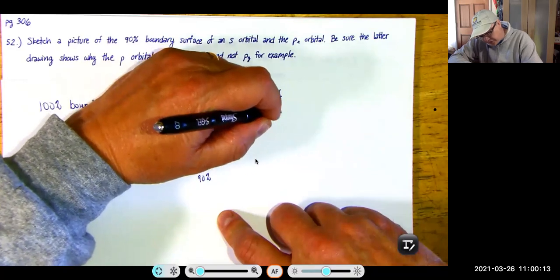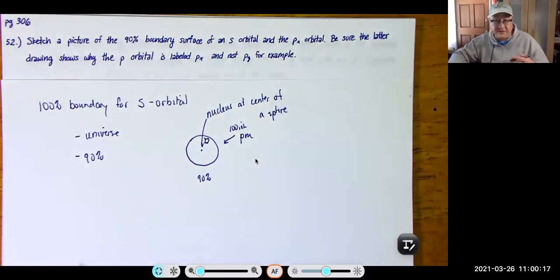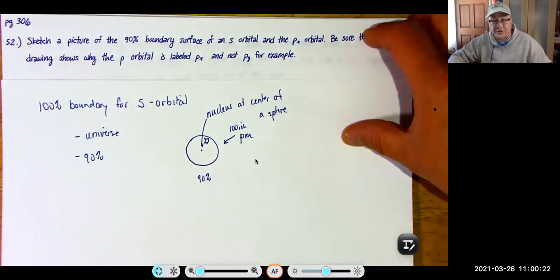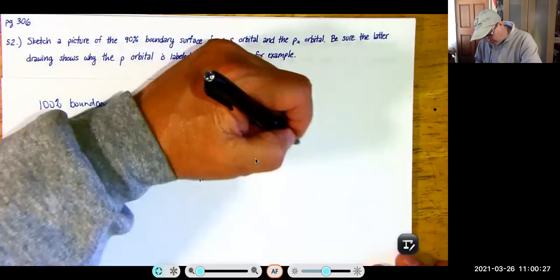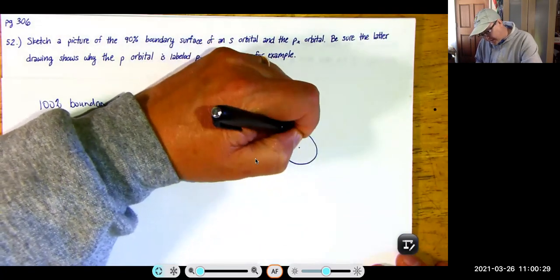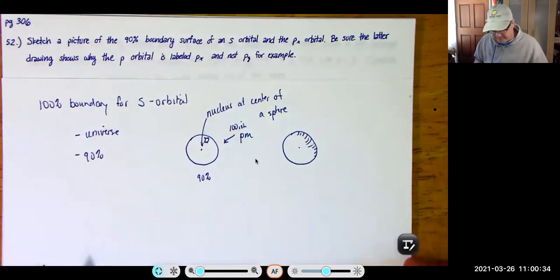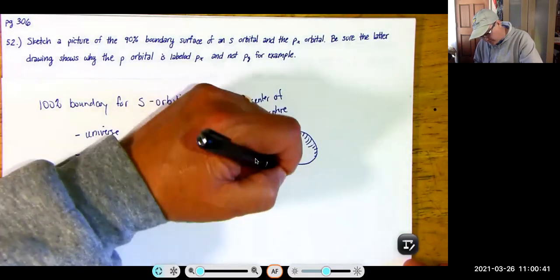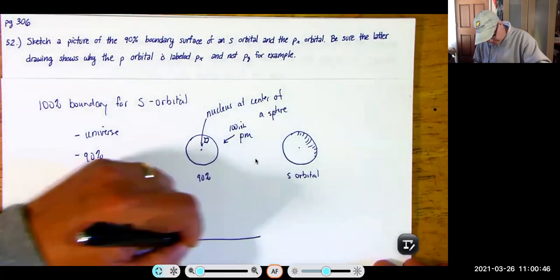A lot of times you'll see me draw this to represent the reflective surface of the sphere, so it looks like a sphere instead of just a circle. If you were a real artist, maybe you could shade it in. All right. Now for a p orbital, so this is an s orbital. For a px orbital, you'd want to do this.